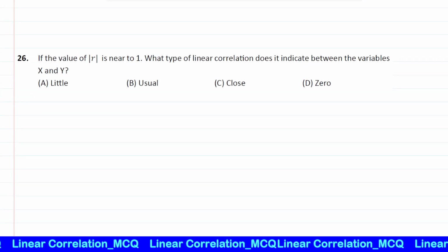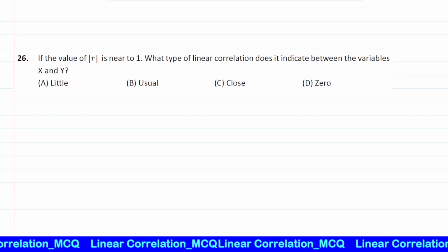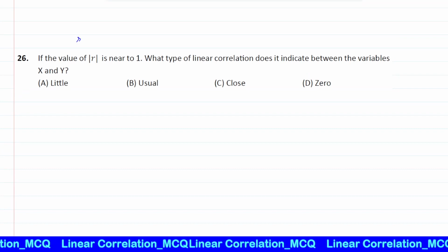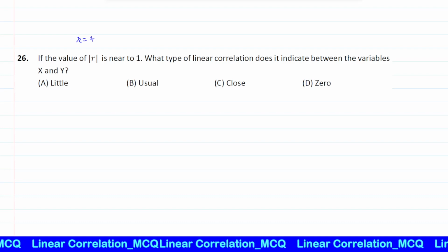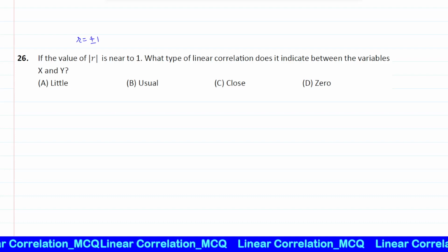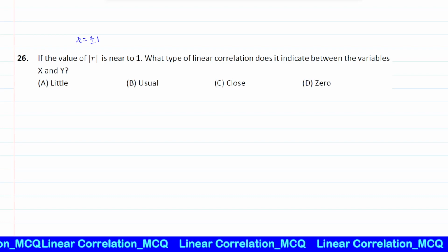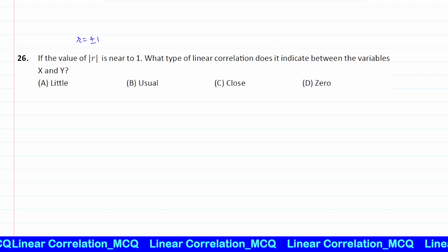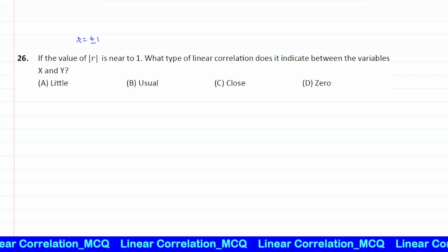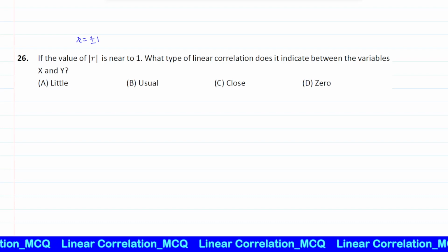Question number 26. If the value of modulus R is near to 1. Modulus R means R equals -1 or +1, but here we take positive R, near to 1. What type of linear correlation does it indicate between the variables X and Y?